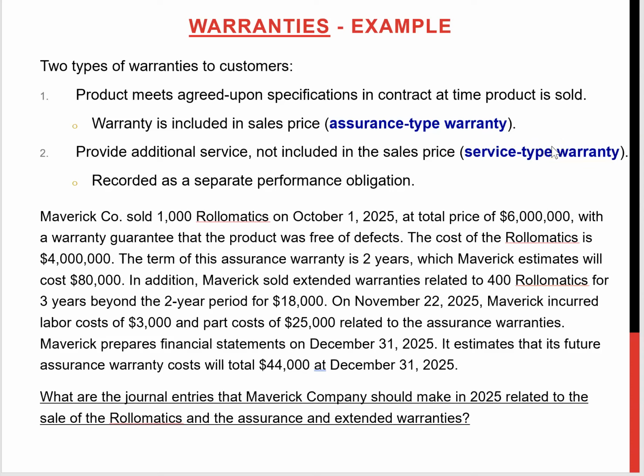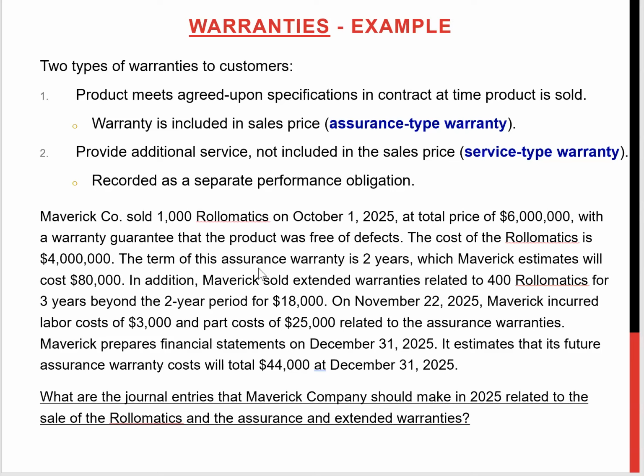Let's see one example. Maverick company sold 1000 Rolomatics on October 1st. The total price is $6 million with a warranty guarantee that the product is free of defects. The cost of the Rolomatics is $4 million, and the term of the assurance warranty is 2 years. So when they sell the products, they say it's free of defects and there is a guarantee for 2 years, and they call it the assurance warranty.